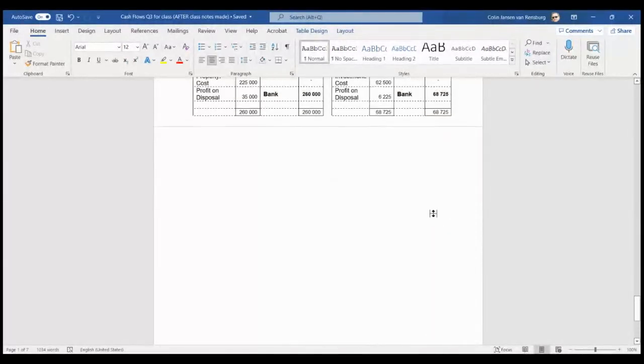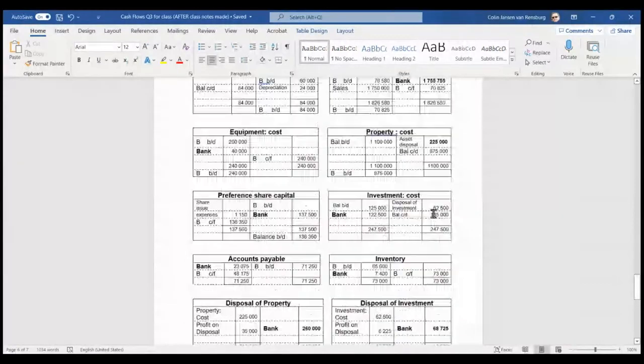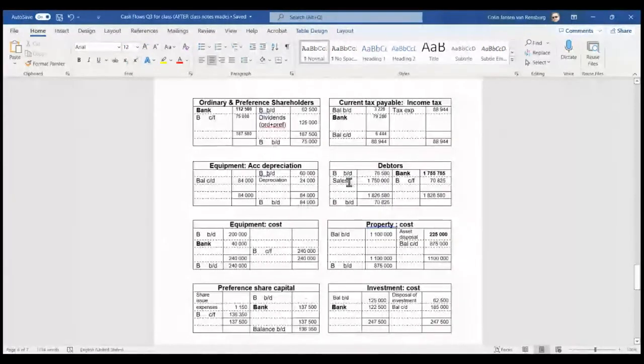Let's see where we are. There we've got our debtors. Here you can use abbreviations. Remember, this is only for your own work, only for your own calculations. Right, so our opening balance would be 76,580 rands at the beginning of the current financial year. That comes from our comparative column.